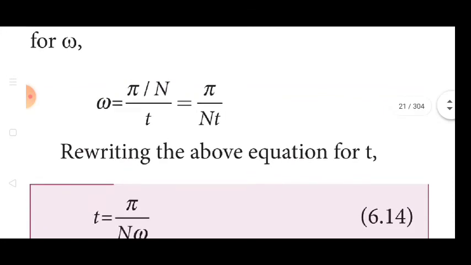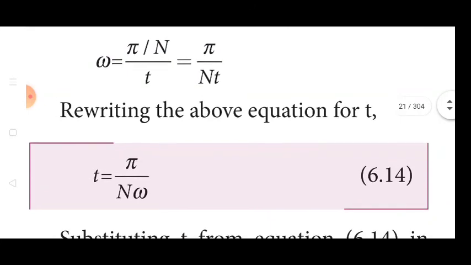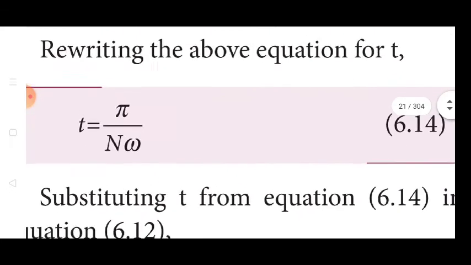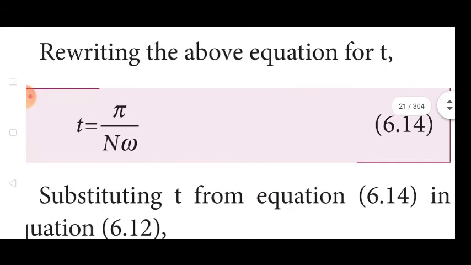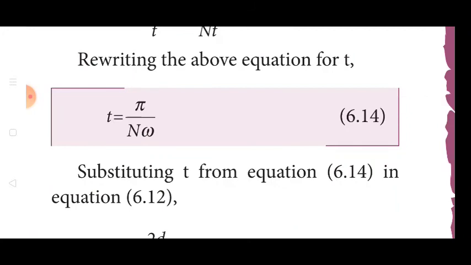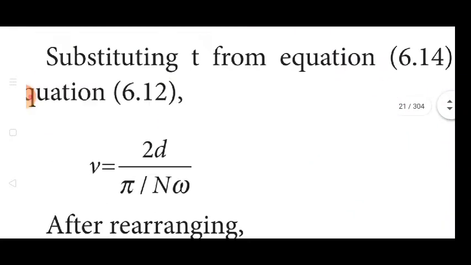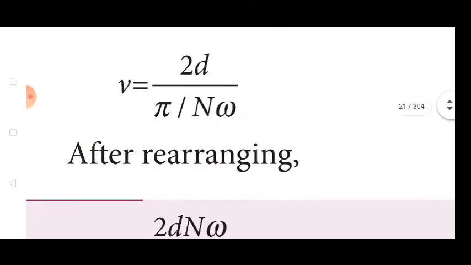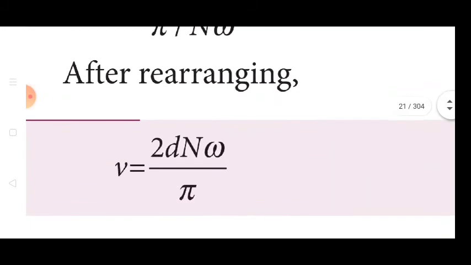Rewriting the above equation for t, t is equal to pi by n omega. This is equation number 6.14. Substituting t from equation 6.14 in equation 6.12, we get v is equal to 2d by pi by n omega. After rearranging, we get velocity is equal to 2d n omega by pi.